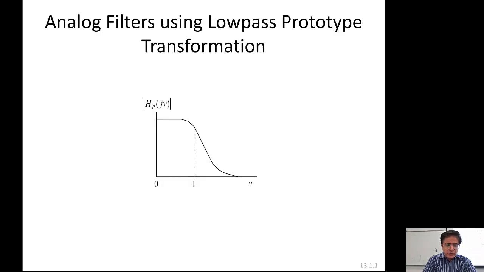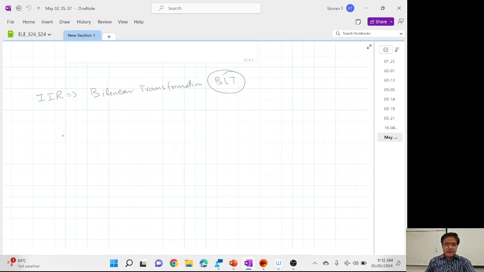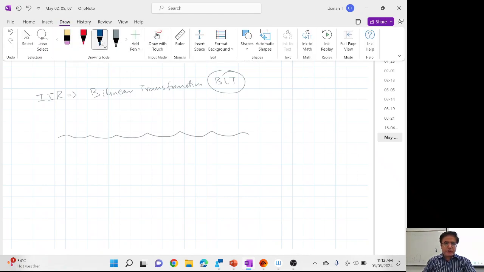What we will do, let me just go to here. Yeah, so we will take the prototype filter, which is a Butterworth filter, right?